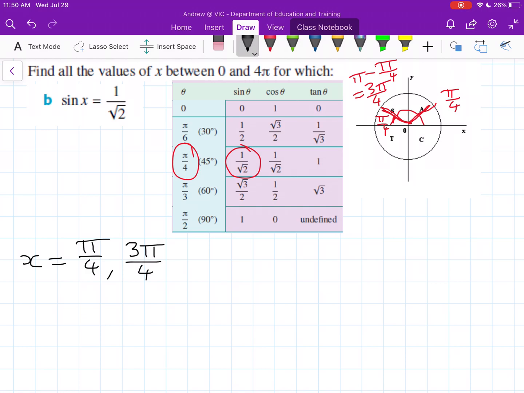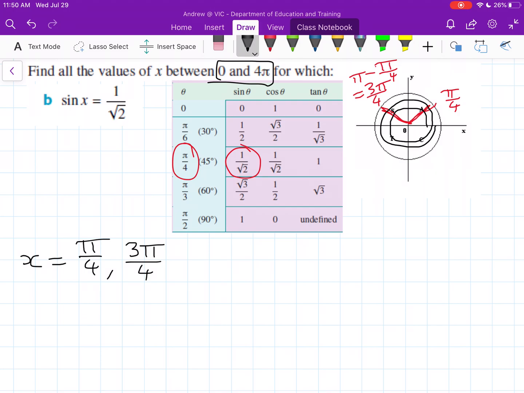But our question asks from 0 to 4 pi. So with this, I'll just get rid of what I've already written here. So with this, we start here, we go all the way around once, and that's 2 pi. So we actually need to go around twice, okay?